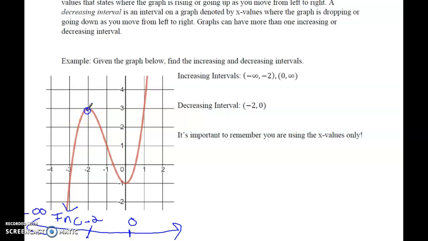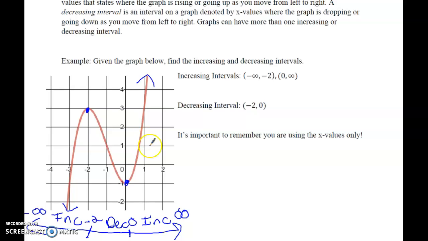Then from this relative maximum point here to this relative minimum point here, our graph is going down. So we are decreasing. And then finally from, again, this relative minimum point here all the way to the end at infinity, the graph is going up. So we are increasing.